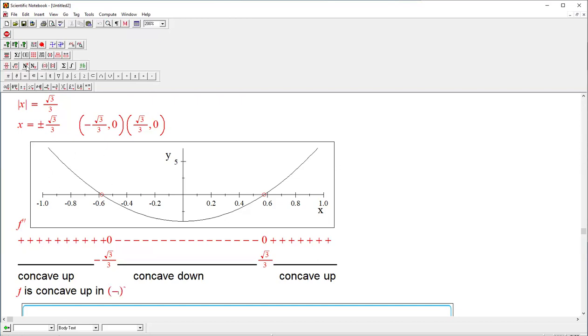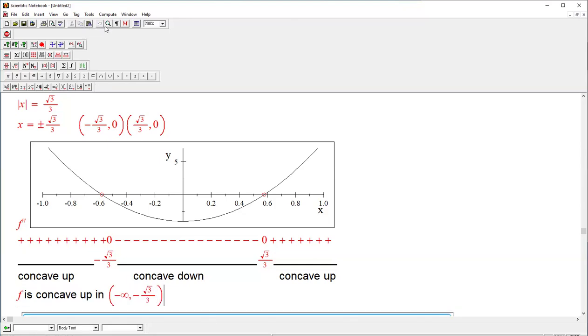One is from negative infinity to negative √3/3, and the other interval is positive √3/3 to positive infinity.